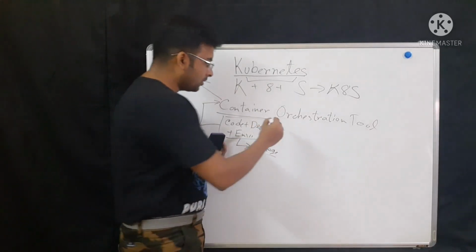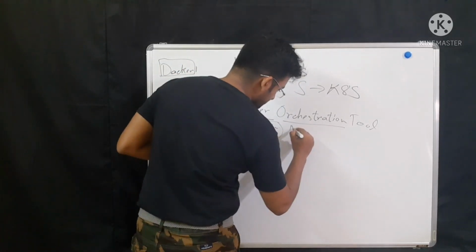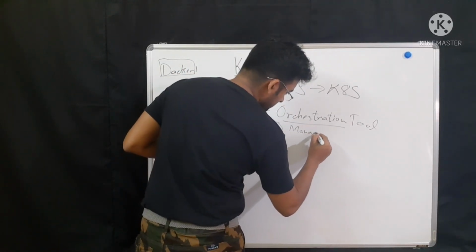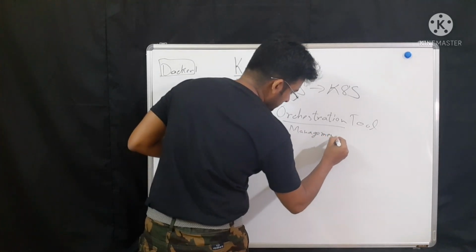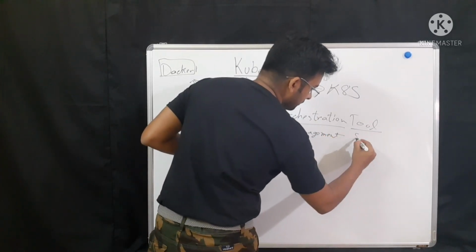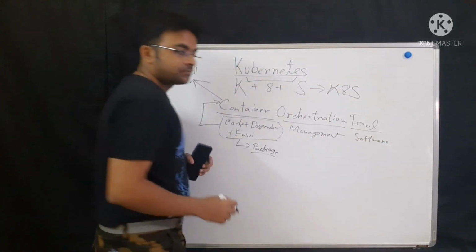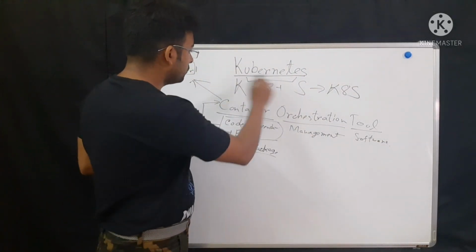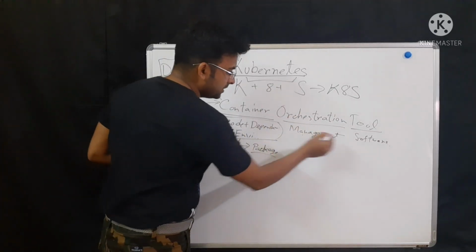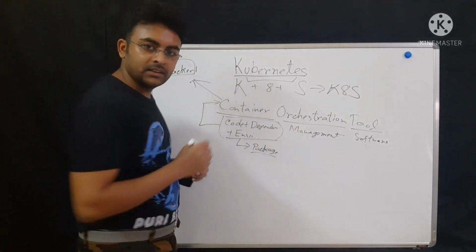So here orchestration means management, and tool means software. So in total, Kubernetes is a management software for containers.